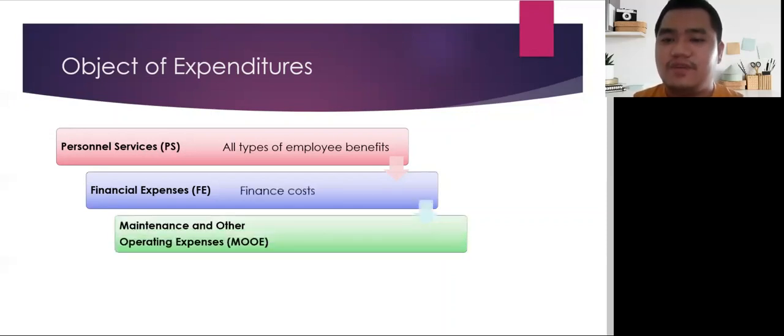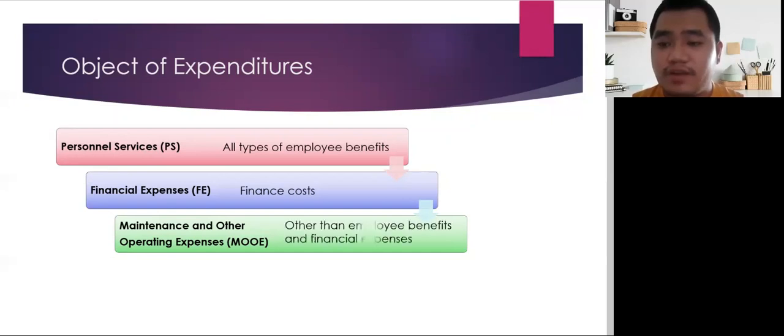Third, we have the Maintenance and Other Operating Expenses, or MOOE. These pertain to various operating expenses other than employee benefits and financial expenses. Examples: travel, utilities, and supplies expenses.